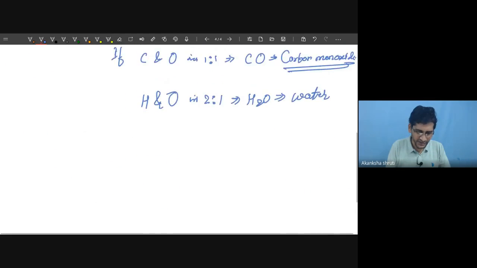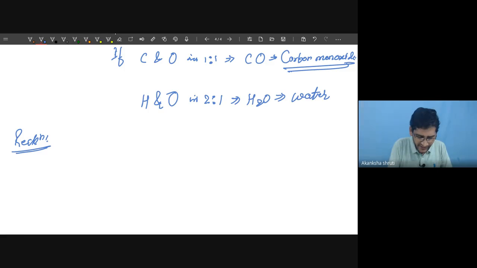So student, this thing you have to keep in mind. Both these laws of chemical combination and the law of constant proportion are very important. So how are these two things written over a reaction? Let us consider a reaction.